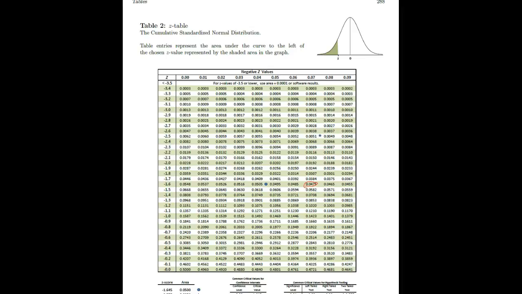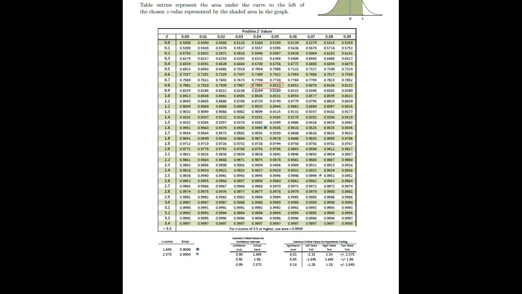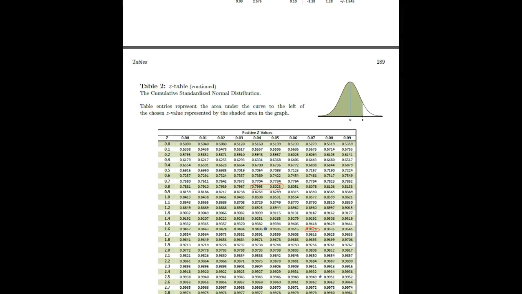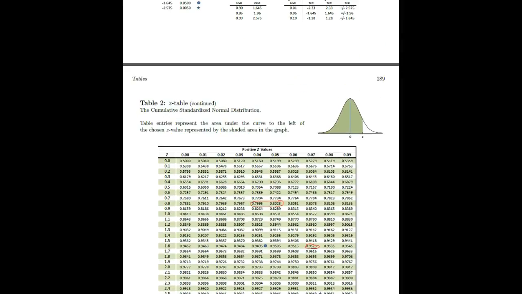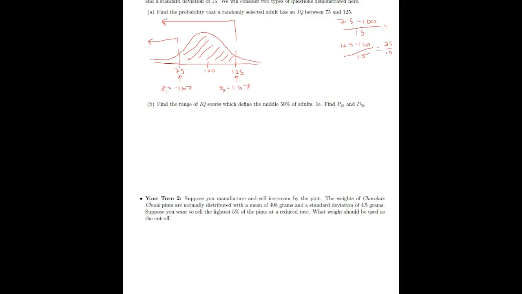And the one for positive 1.67 is going to be on the next page. And that would be positive 1.67, which is 0.9525.